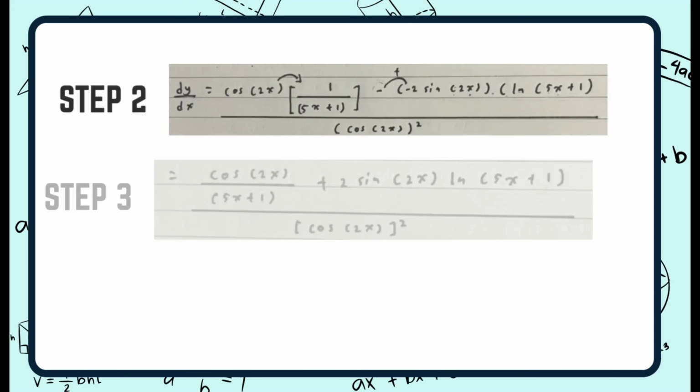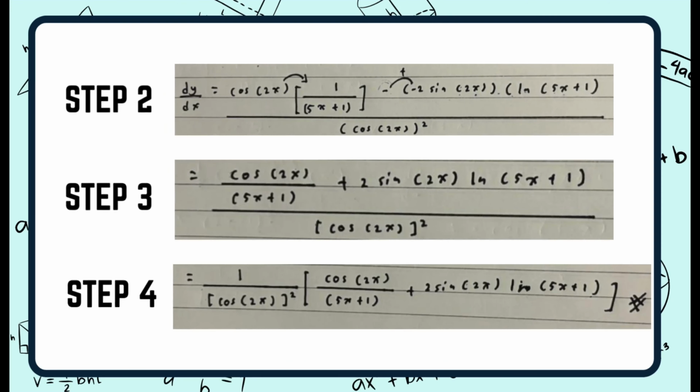After that, we need to sub them into the quotient rule, whereby dy over dx equals cosine 2x times 1 over 5x plus 1, minus negative 2 sine 2x times natural logarithm of 5x plus 1, all over cosine 2x squared.